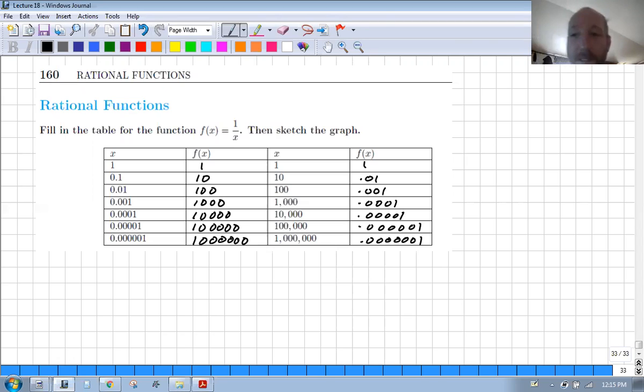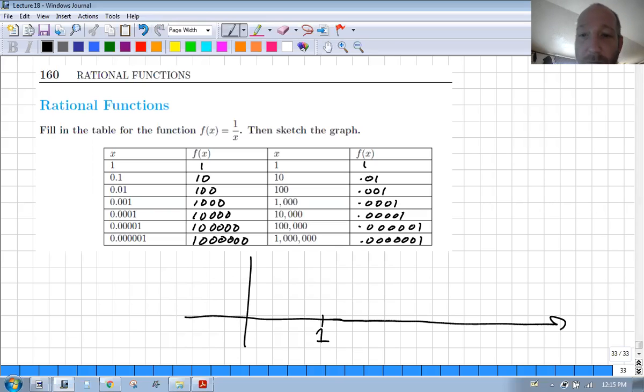Okay, so now sketch the graph. Let's say this is 1, 10, and so on. This would be 0.01. Basically, let's look at right here. 1, 1.